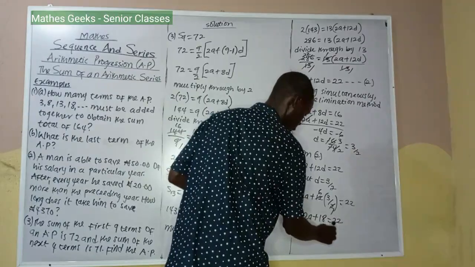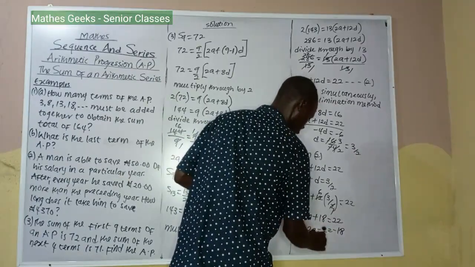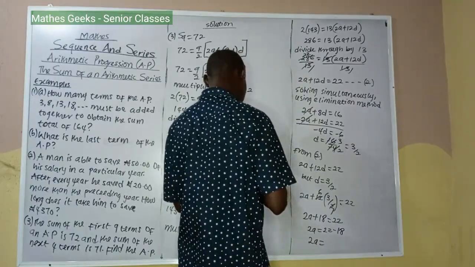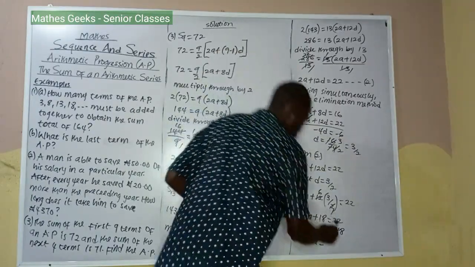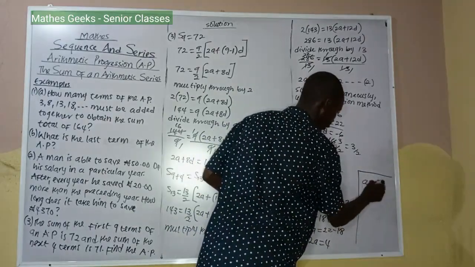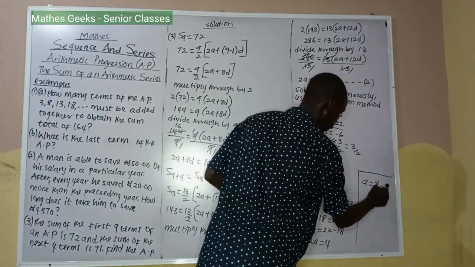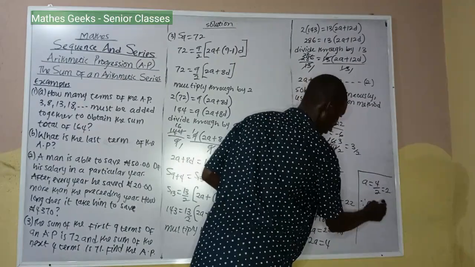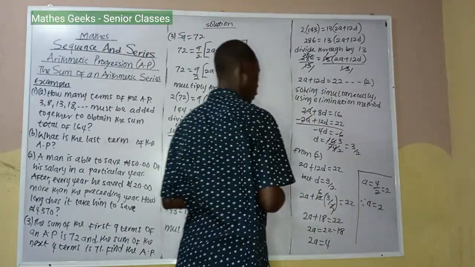So 2A is equal to 22 minus 18, 2A is equal to 4. So A is equal to 4 divided by 2, which is equal to 2. So therefore, A is equal to 2.